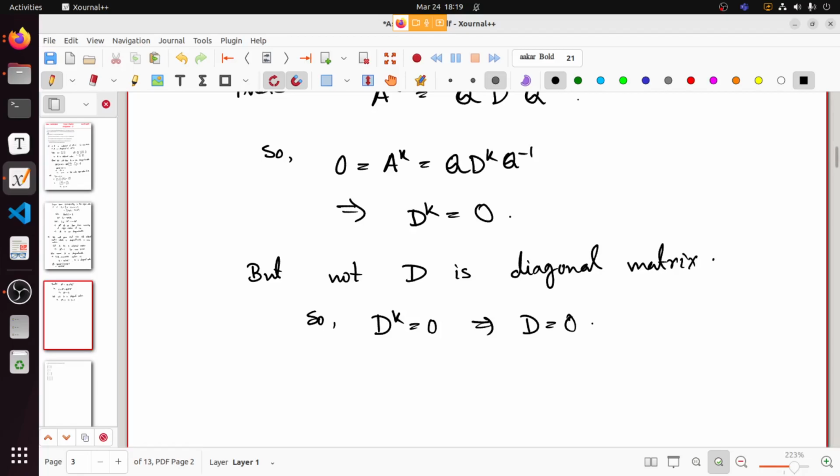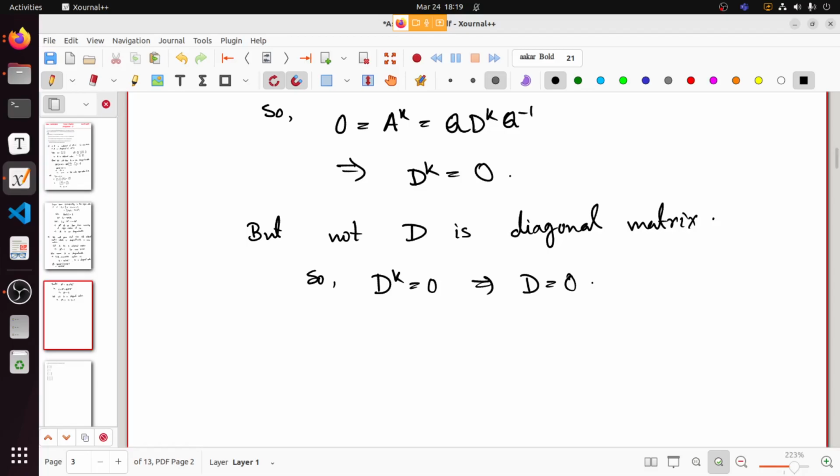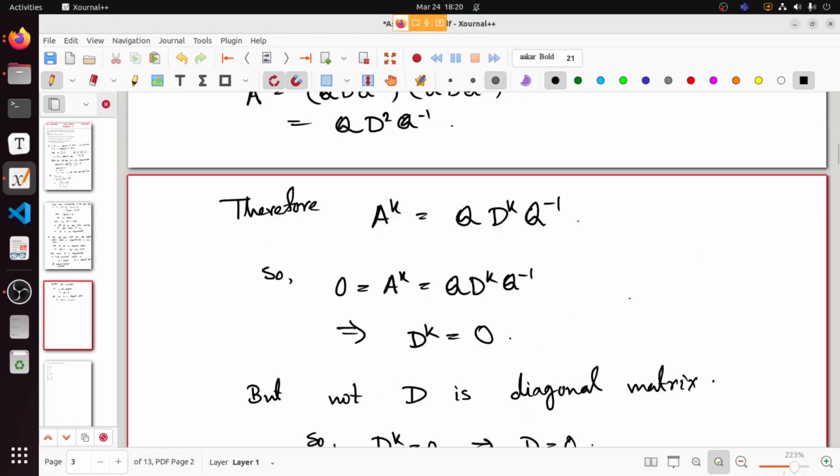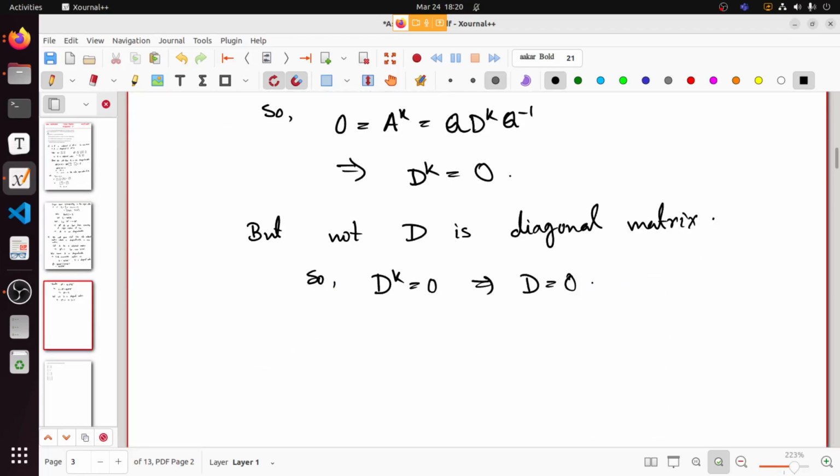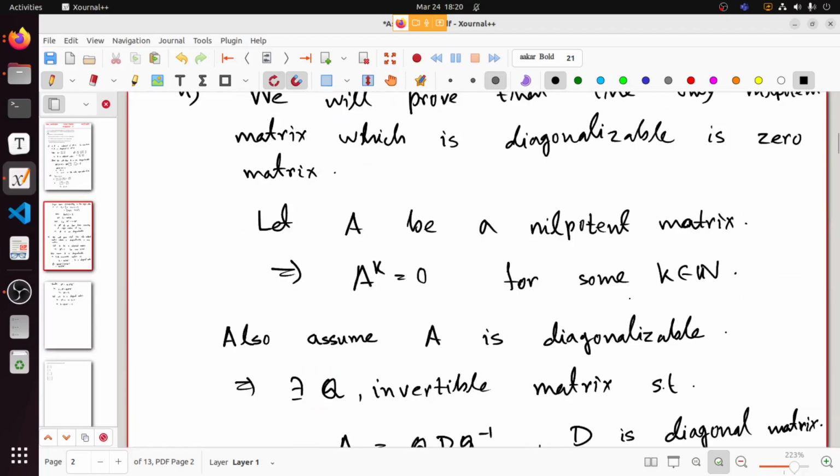So the diagonal matrix itself is 0, and if D is 0, because A is Q D Q inverse, A is the 0 matrix.